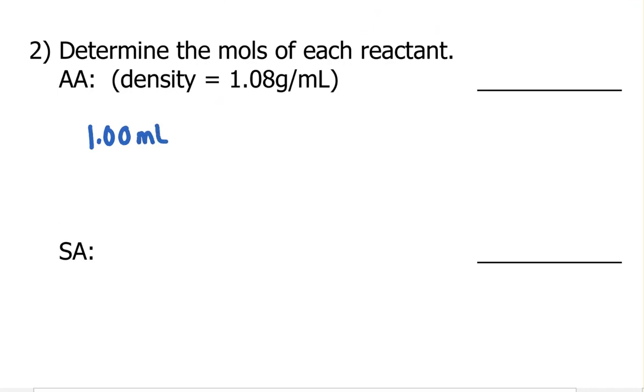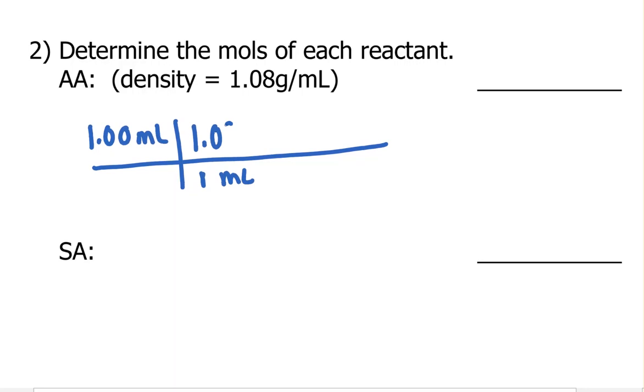So instead of weighing it out, we're going to get a volume in our graduated cylinder. This is not the volume you use, by the way, but in this example. And so we need to use its density to convert it to grams. And then from grams, we go to moles using the molar mass.